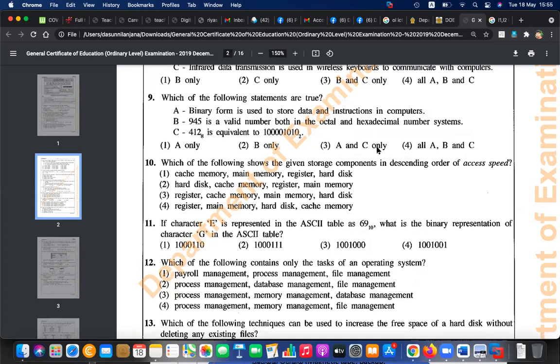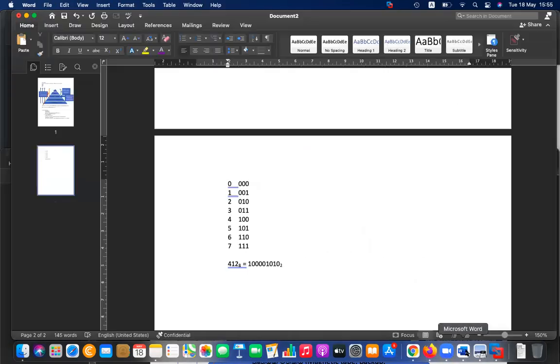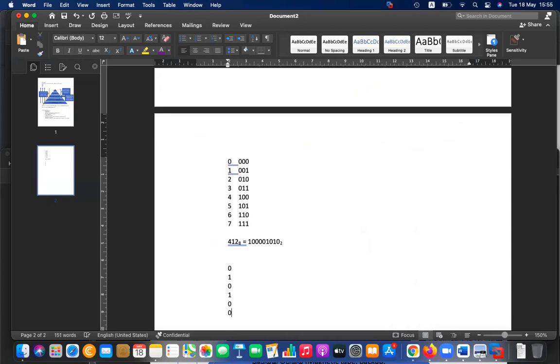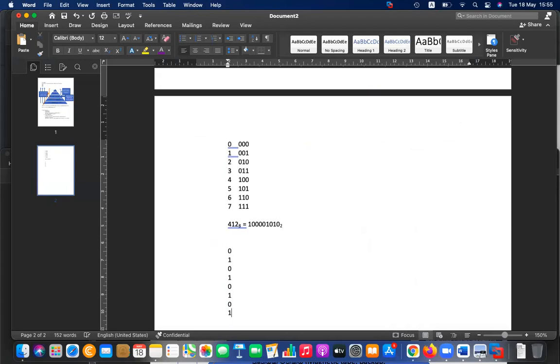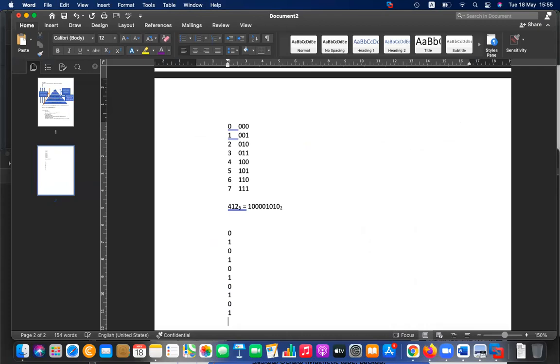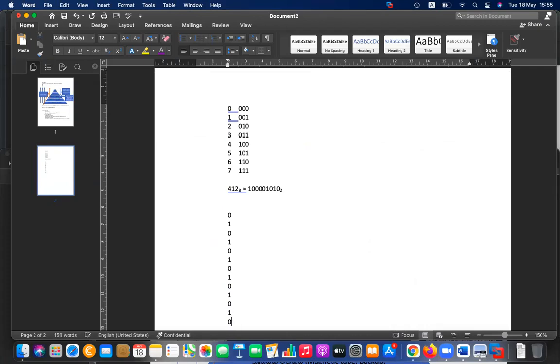Hexadecimal. For hexadecimal, you write 4 by 4. If you write 4 by 4, it is a proper hexadecimal number. So just write 4 by 4. 4 by 4 means 0 1 0 1 0 1. You have to write it repeatedly. Then 0 double 1 double 0 double 1 double 0 double 1.